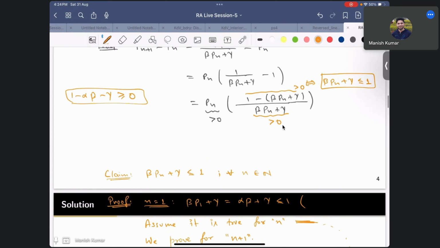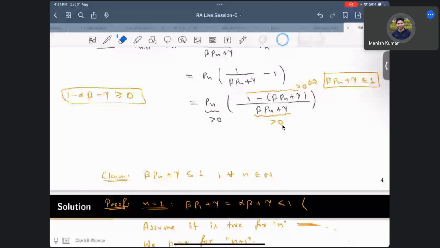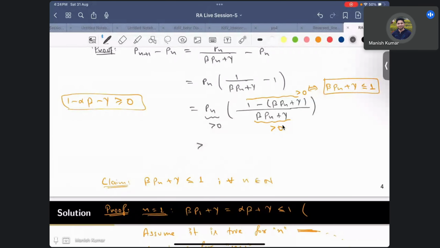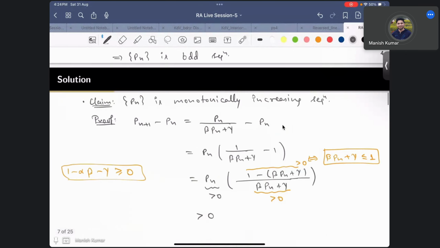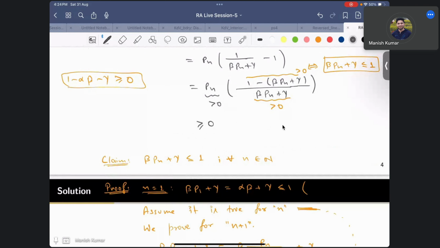So over here what we can say is this whole part is greater than 0, right? So I can make it greater than or equal to 0, because this is greater than or equal to 0.